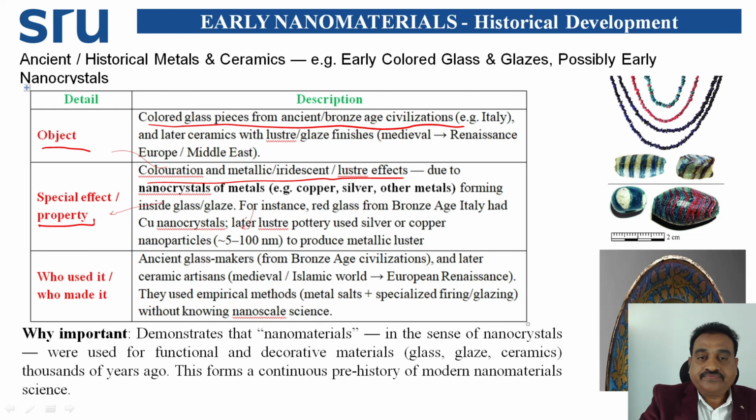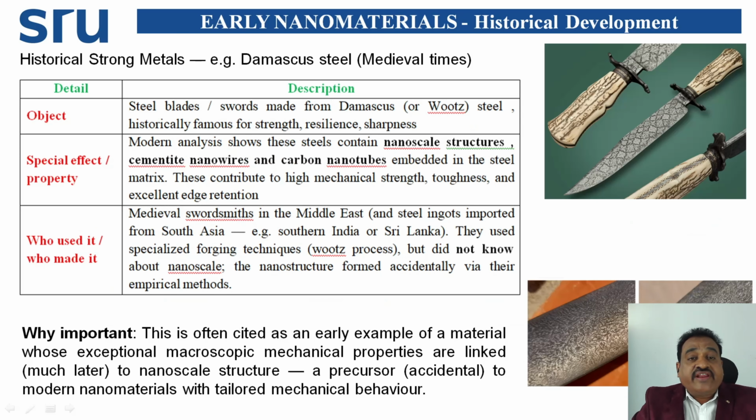Nanotech. Coming to historical strong metals, you can see here. The objects are steel blades and swords made from Damascus or wootz steel, historically famous for strength, resilience, and sharpness. So what is the property?